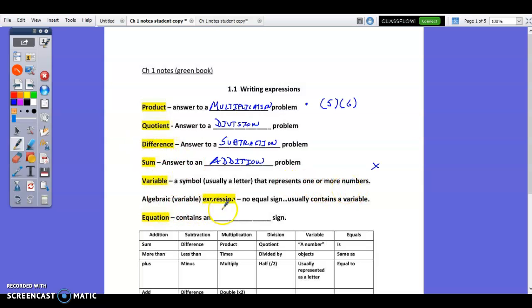An algebraic expression is basically something that has no equal sign. So if I say 5 times 4, that is considered an expression. 5 times 4 would equal 20, obviously. But just the 5 times 4 part, if I'm asking you that, that's an expression. An equation contains an equal sign.